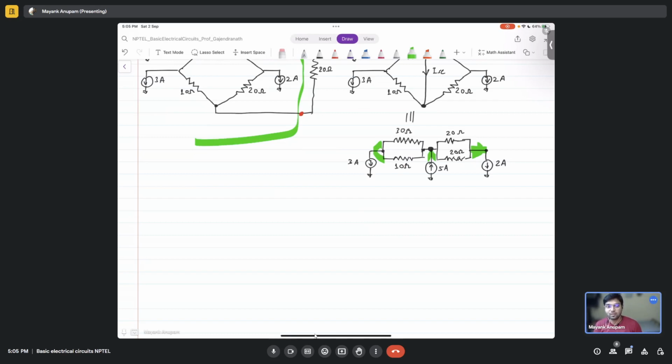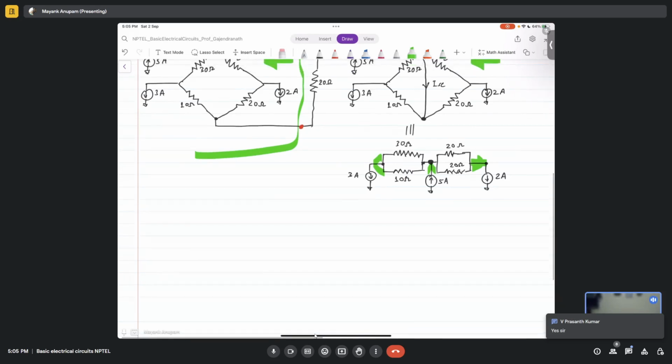Is that okay? So clearly there is nothing that you need to solve here. You know that the current going through this is 3 ampere, and this current is 2 ampere. So everything is solved by itself. You didn't need to solve anything here.